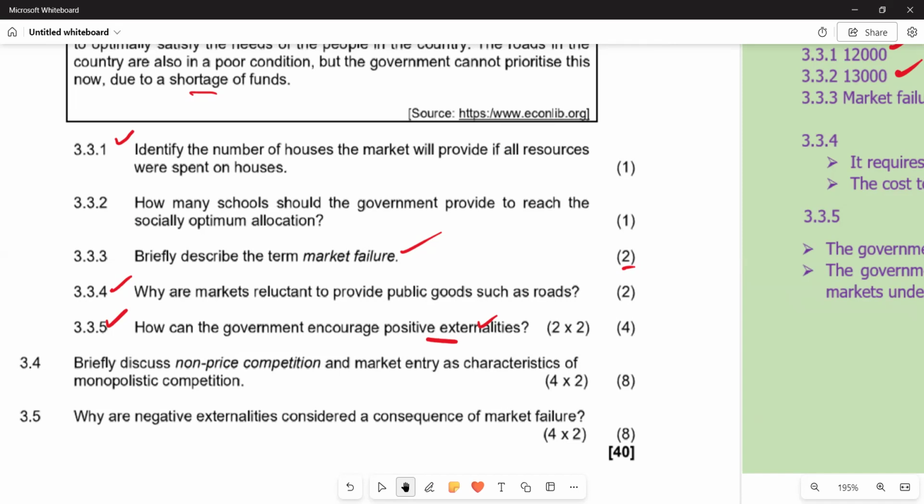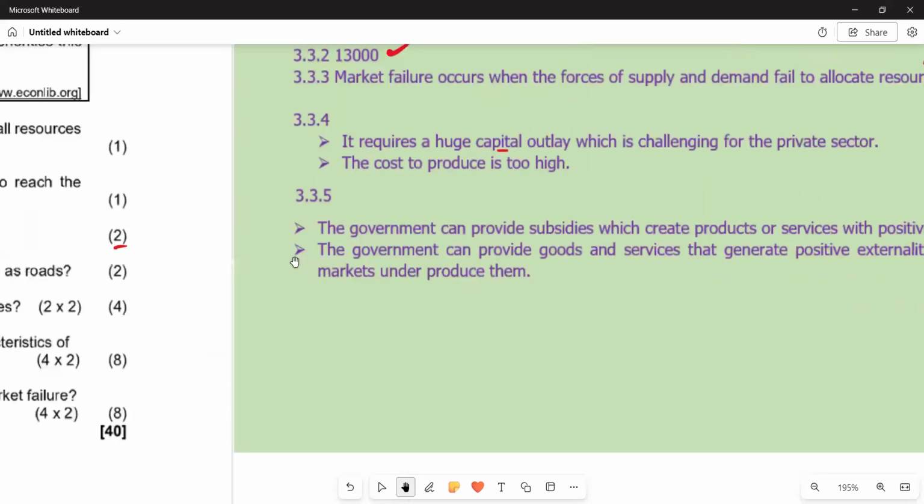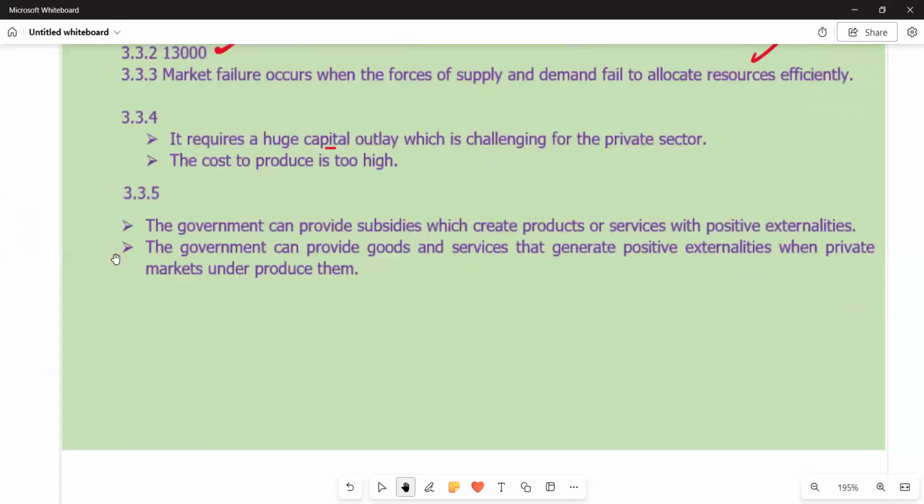So the question is saying, how can the government encourage positive externalities? According to the responses at 3.3.5, the first one says the government can provide subsidies which create products or services with positive externalities. This is the provision of subsidies.